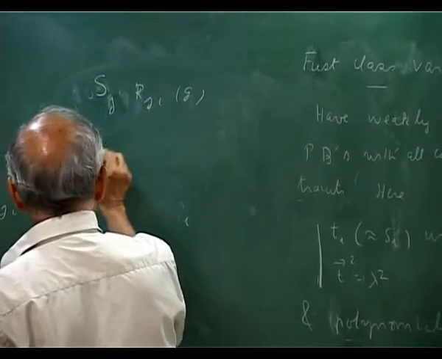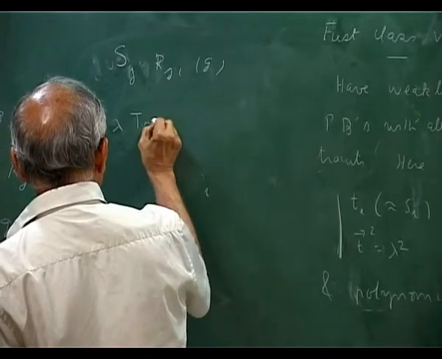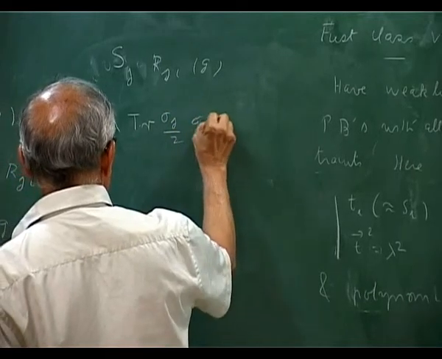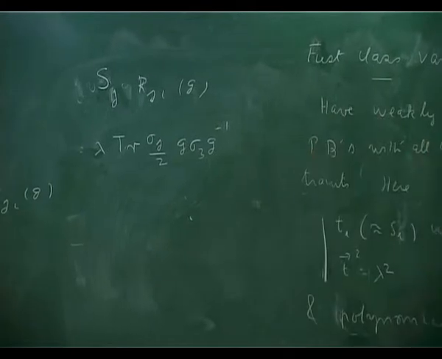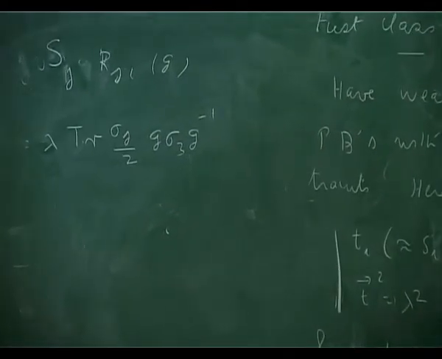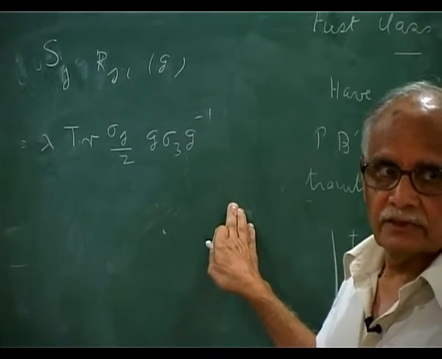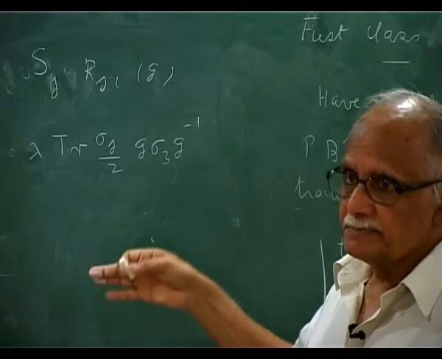This is equal to lambda times the trace of sigma j over 2 G sigma 3 G inverse, by definition. I am just using the definition of G sigma 3 G inverse as the spin, up to lambda.